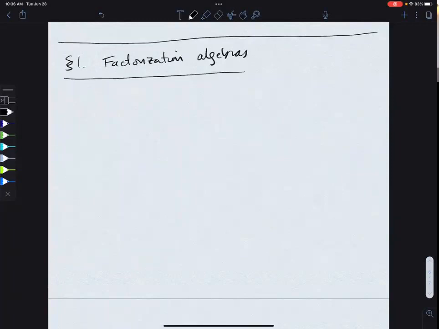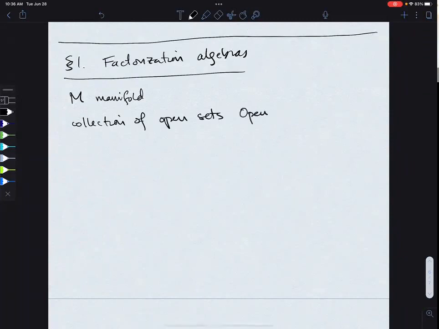So let's think about a manifold M, and now think about its collection of open sets. Does the manifold have to be compact, or at least locally compact, or do you not impose any restrictions?